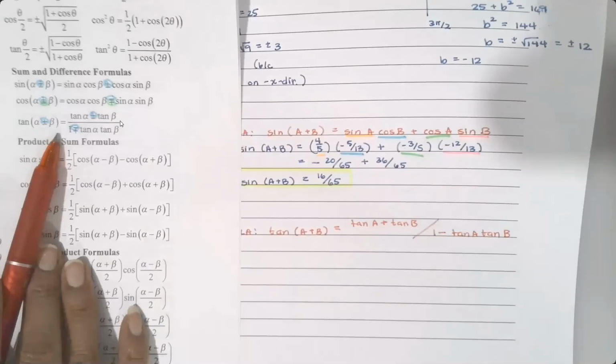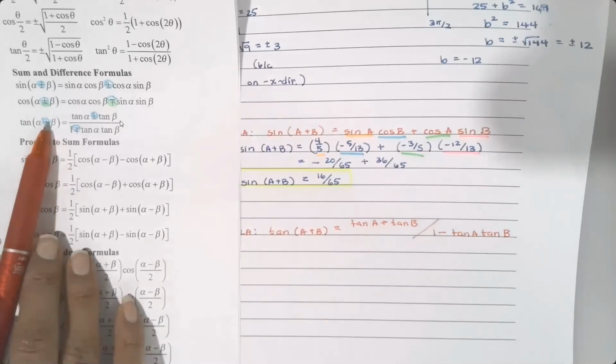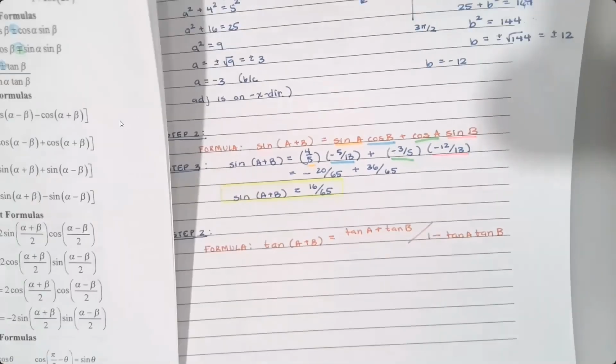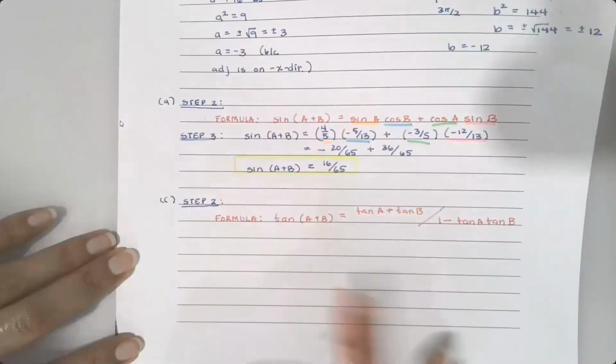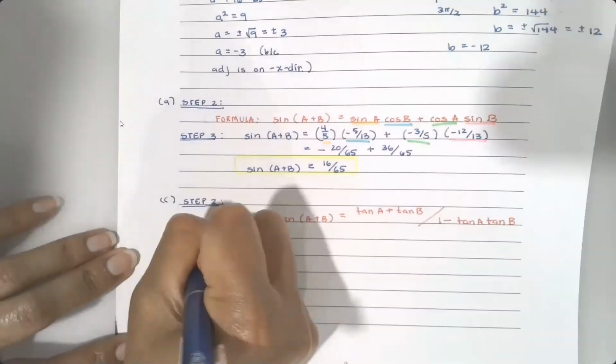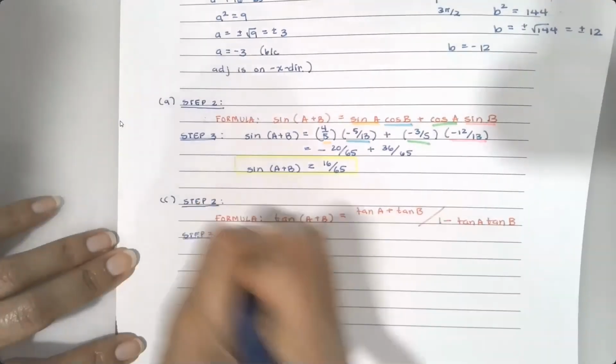Is this okay? Do you guys have questions? Okay, so we picked out what formula we need. Now we're going to apply it. Okay, this is step 3 for part C.